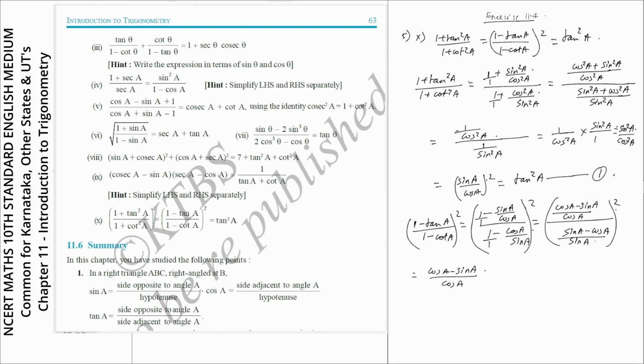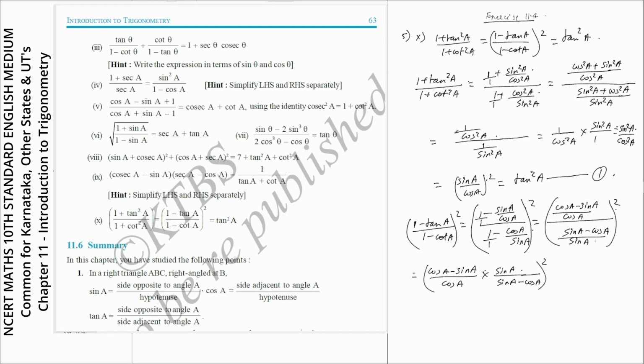Now denominator bring to the numerator. When I bring it, it becomes sin a minus cos a by sin a becomes sin a by sin a minus cos a. The denominator will come to the numerator. This, the whole square.